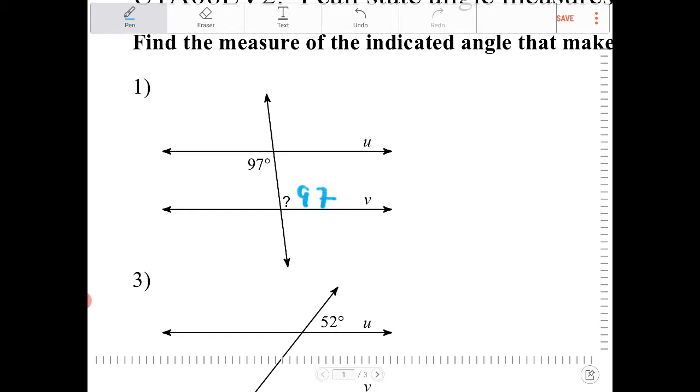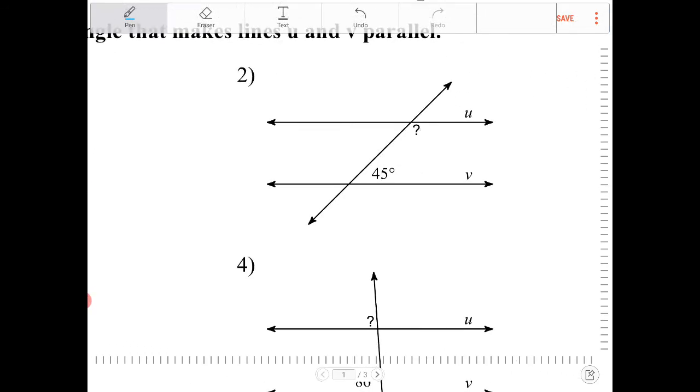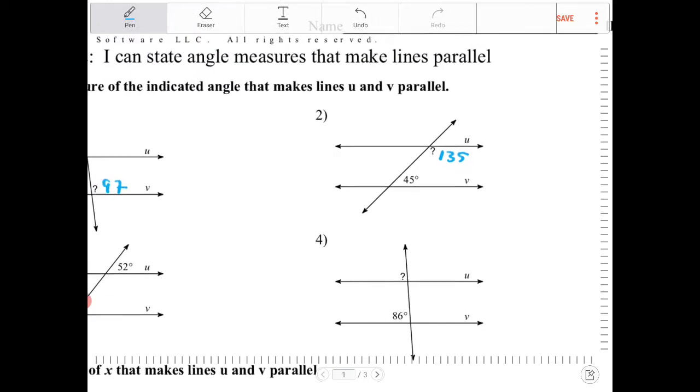If they're the same, then the 2 lines are parallel. These 2 angles appear to be on the same side, so they're consecutive, and they're in between the 2 lines, so these are consecutive interior angles. Consecutive interior angles are supplementary, so this angle must be 135 for lines U and V to be parallel.